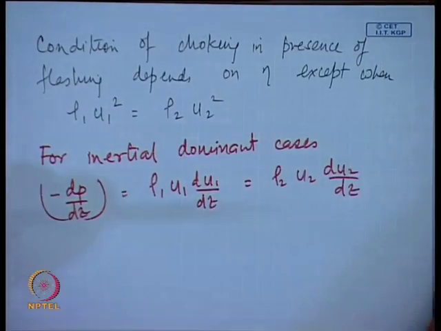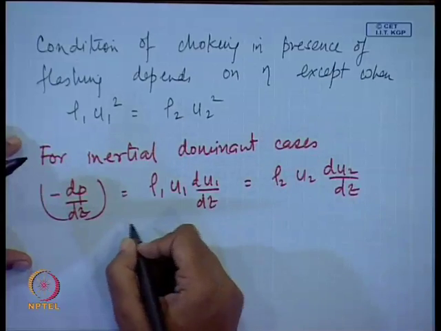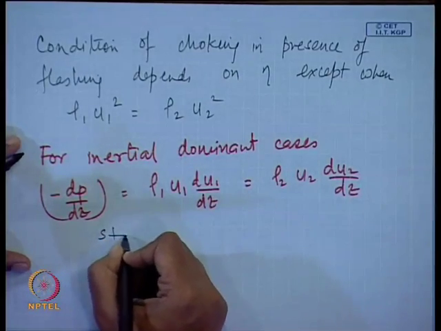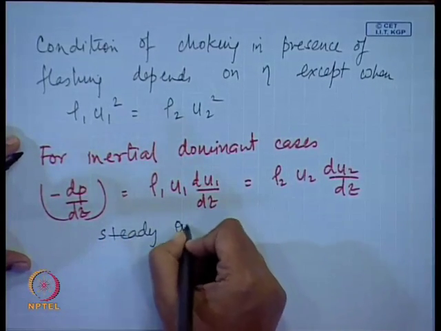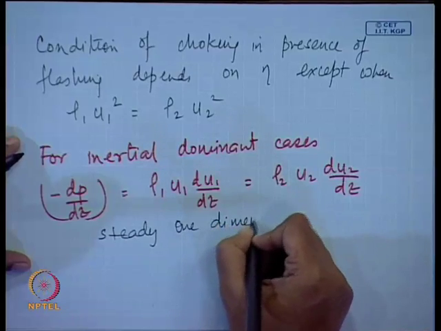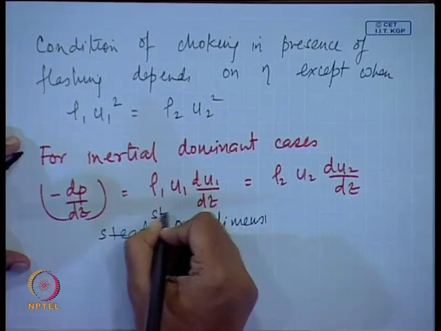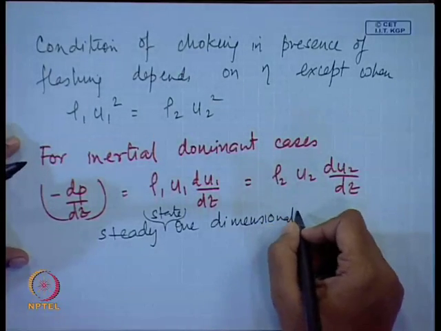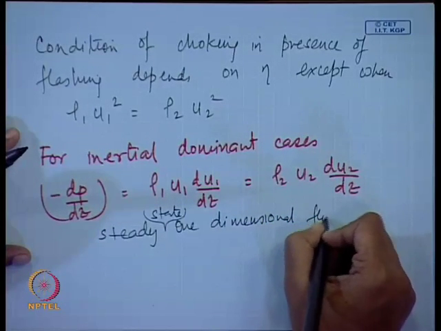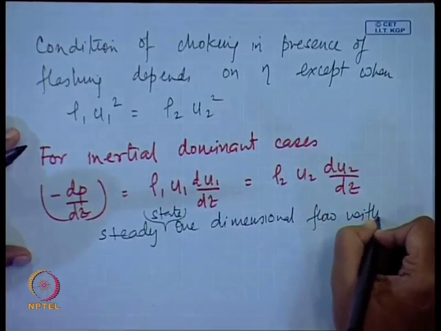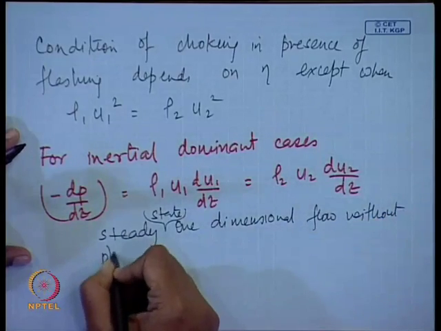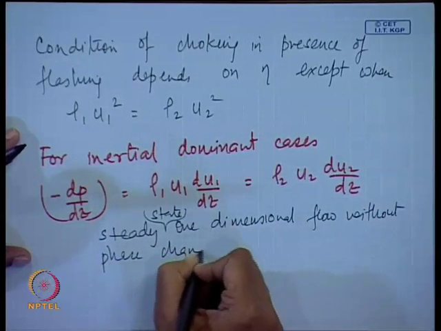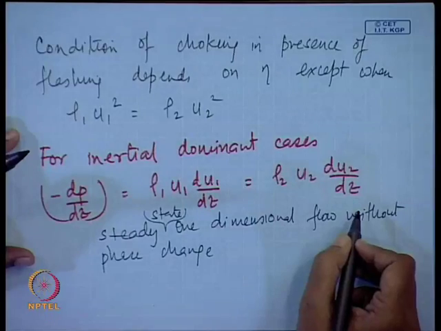Now, I will write down the assumptions again so that you do not forget. Please write down these assumptions in your exam: steady state, one dimensional flow without phase change. If phase change would have been there, then we could not have written such a simple equation.